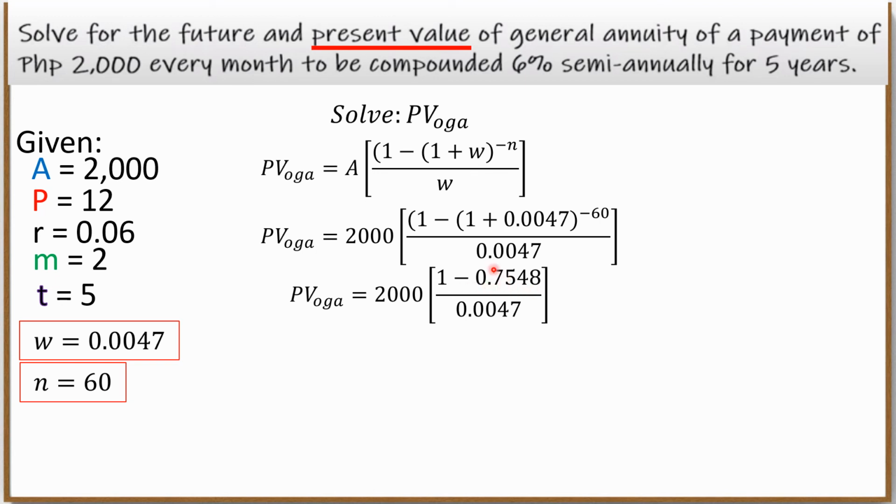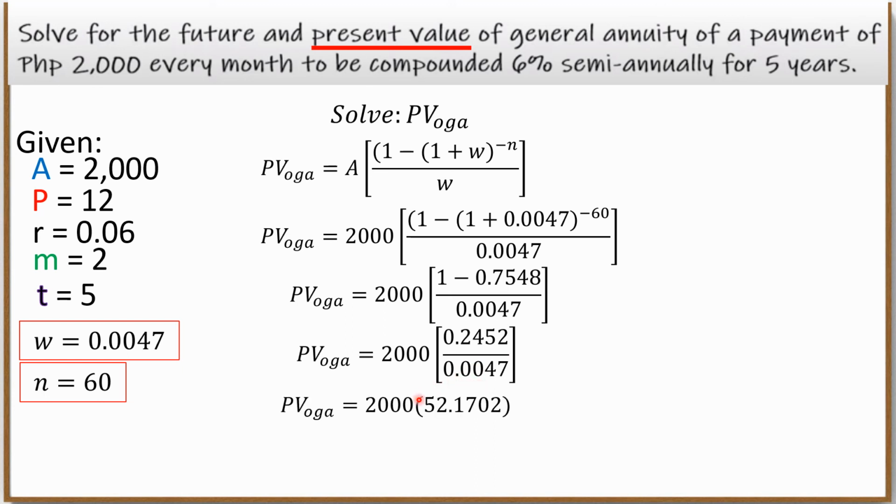So just subtract this one from number 1 and you will have 0.2452 all over 0.0047. Just multiply 2,000 times 52.1702. Ito po ay galing dito, quotient nila. Therefore, our answer is 104,340.